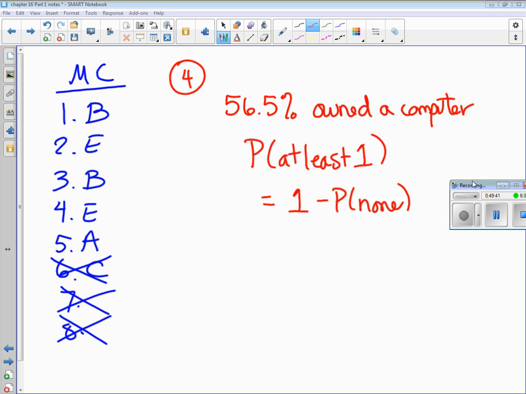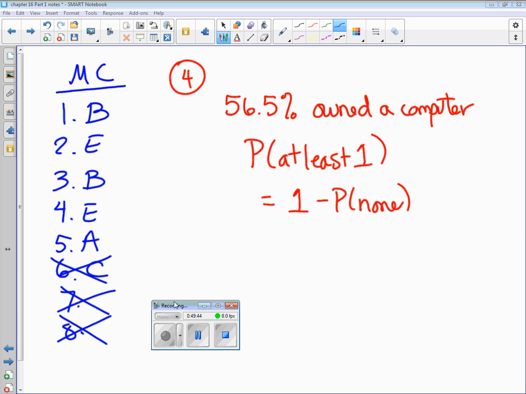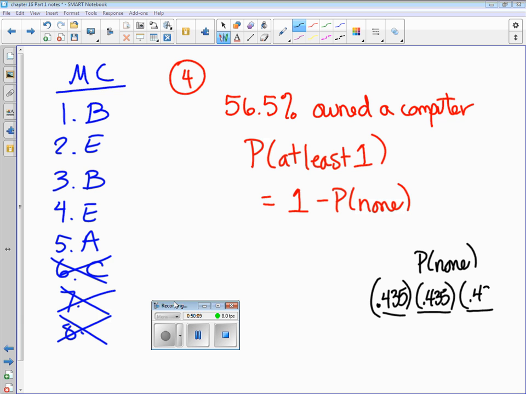The probability that none had a computer would be the first one didn't, the second one didn't, and the third one didn't. So what's the probability that they didn't own a computer? What's 1 minus 0.565? 0.435. So the first one didn't have a computer, the second one didn't, and the third one didn't. Would you agree with that part?